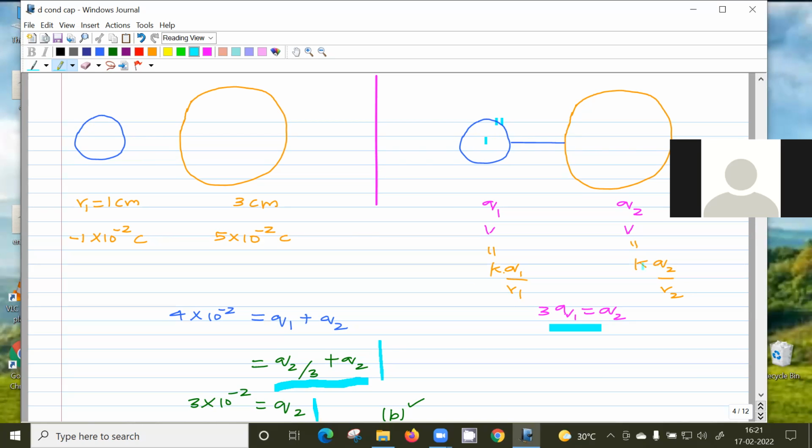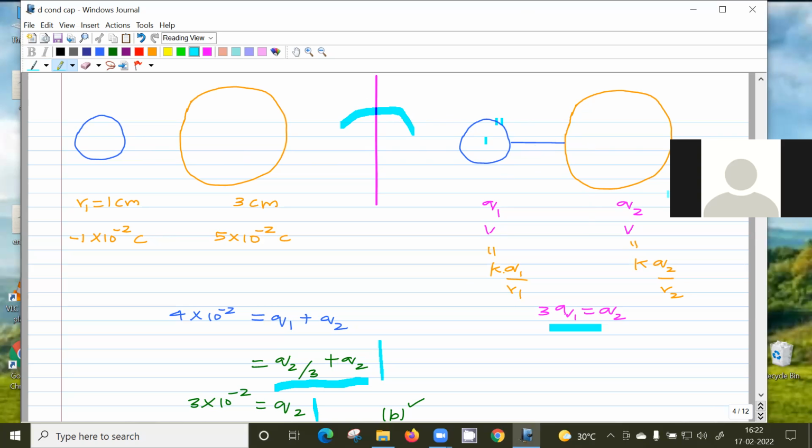But when I join them by a connecting wire, which is a perfect conductor... If both spheres have the same potential, then there won't be transfer of charge. Once it has attained the potential, there won't be any transfer. But before attaining the potential, going from the initial state to the final state, there will be a transient period.